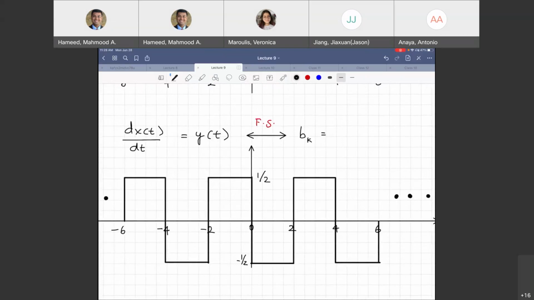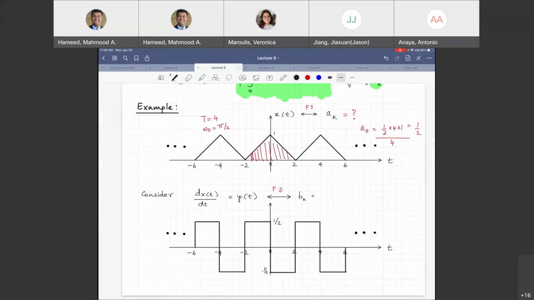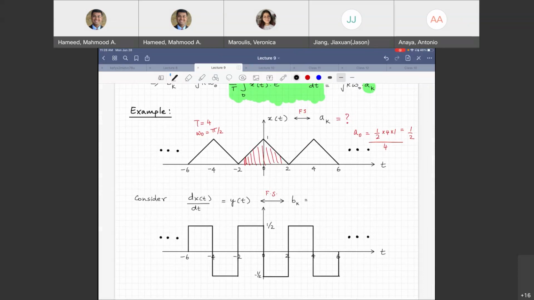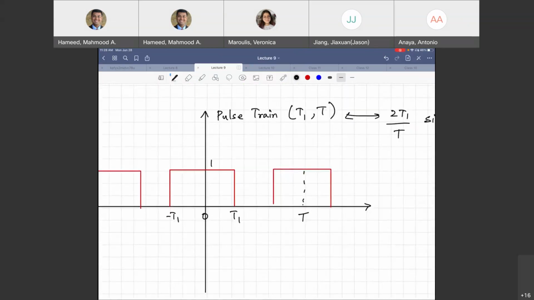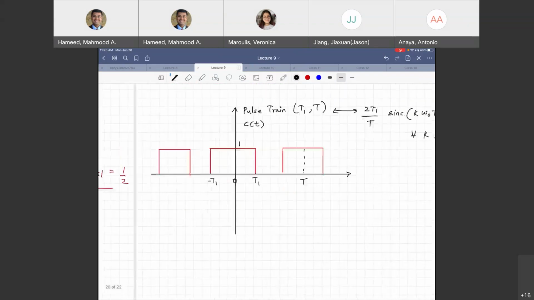Let's try to find out what bk is. Now, can I express x of t? X of t is that, it's taken. Y of t is this. I need to find bk, right? What do I know? I know the standard form here. So let's call this c of t, right? Can I maybe pick the values of t1 and T to match this guy here?